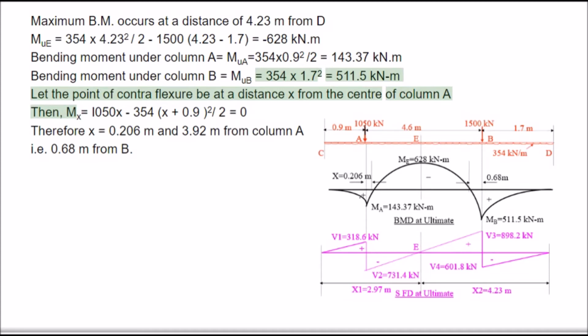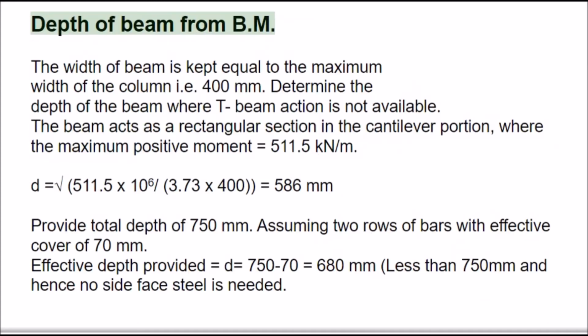Let the point of contraflexure be at a distance x from the center of column A, then Mx equals 1050 x to 354 x (x plus 0.9)²/2 equals 0. Therefore x equals 0.206 m and 3.92 m from column A, i.e. 0.68 m from B.